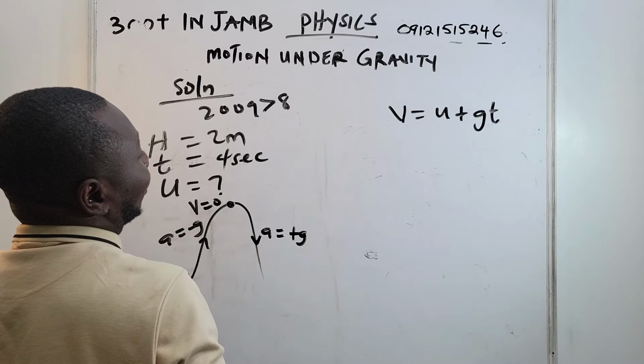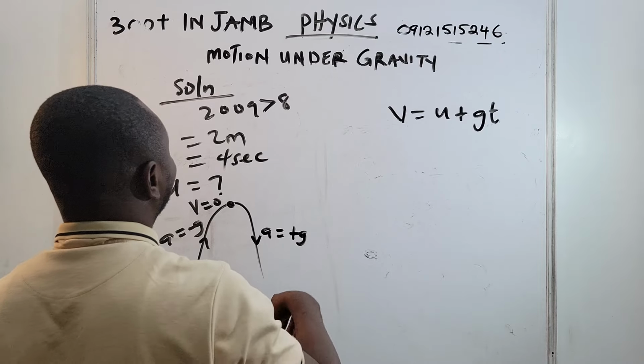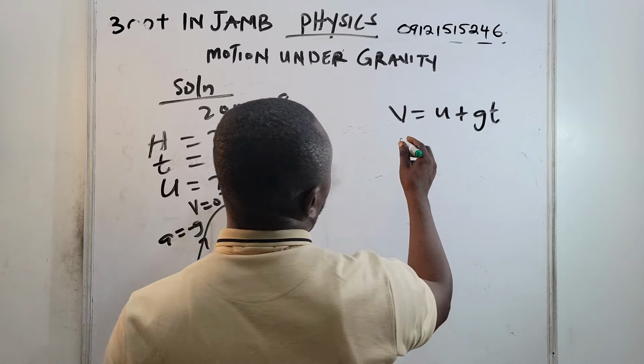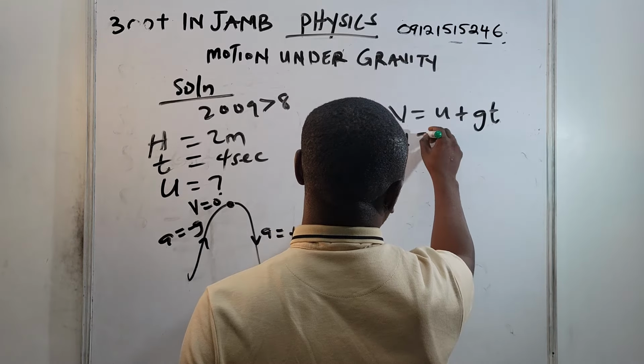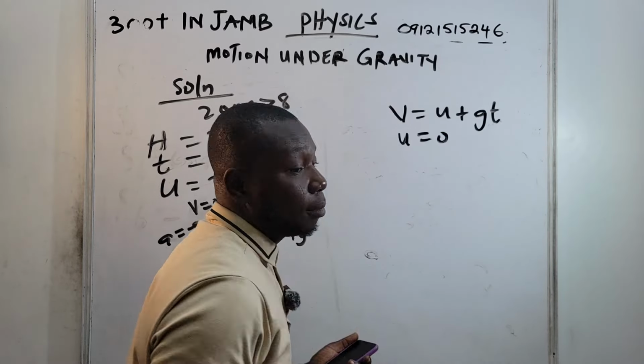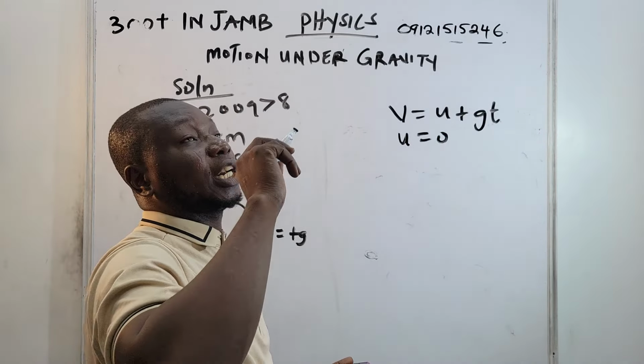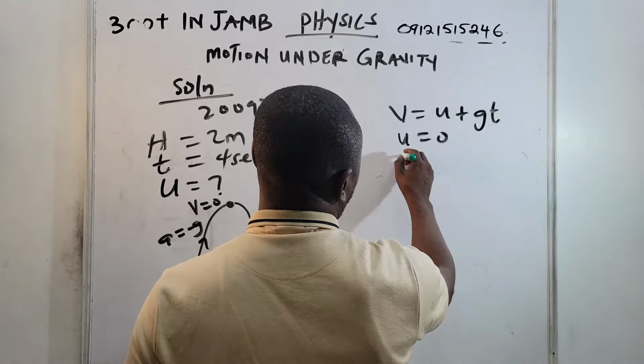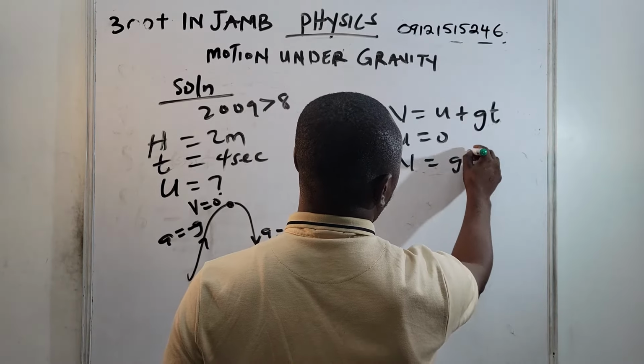Since the body was initially at rest, the initial velocity U is 0, which implies that V equals GT.